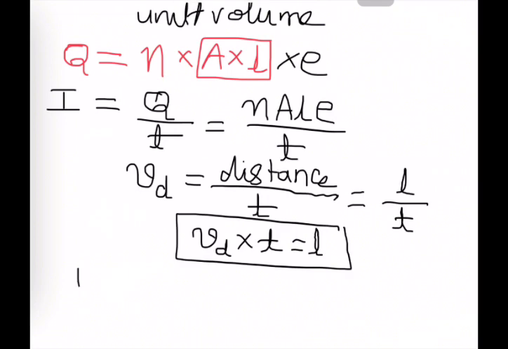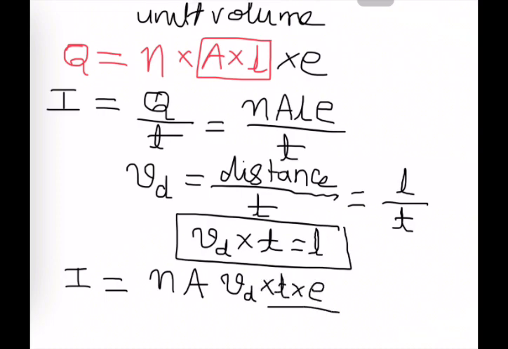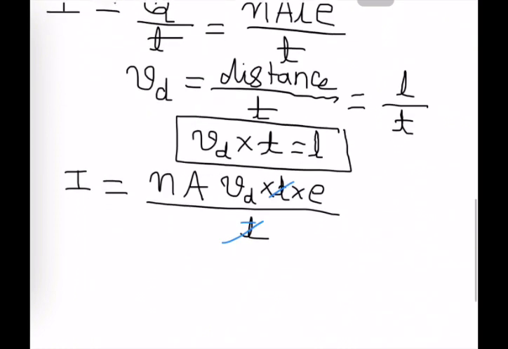Therefore, current is equal to nAe, and instead of L, you write Vd, the drift velocity, into time t, into the charge on the electron, divided by t. The two t get cancelled.